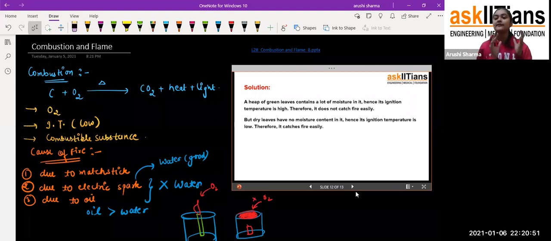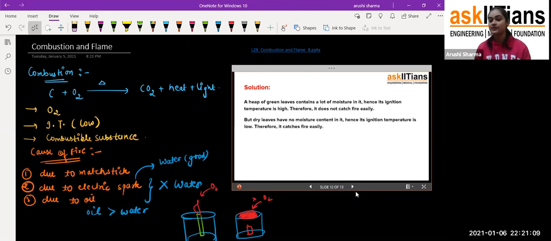So students, the dry one will catch fire easily because its ignition temperature is low. Whereas the heap of green leaves, which is wet in nature, has some moisture, which increases their ignition temperature, due to which they will not catch fire easily.